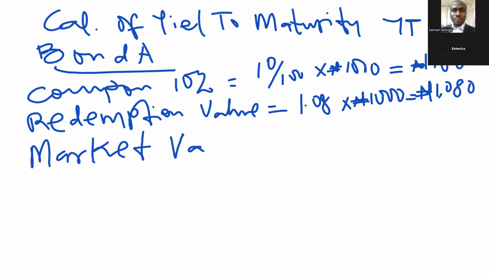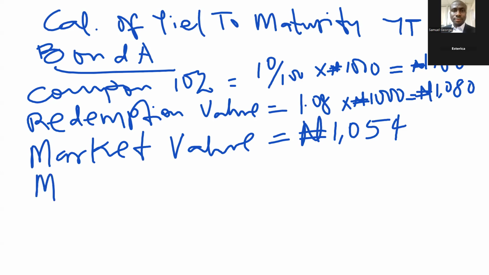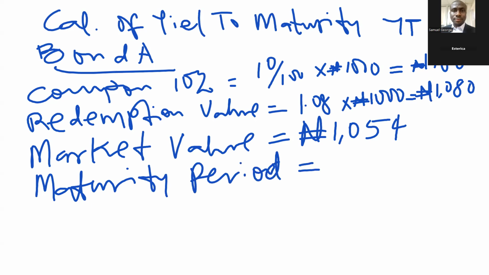They said we should use 1,054, regardless of what we got in A above. After all, we also got 1,054. Then number 4, we need maturity period. Maturity period for bond A is 2 years.